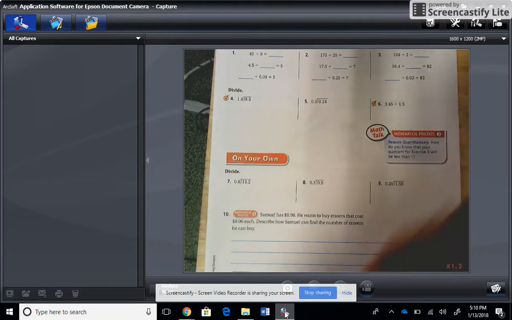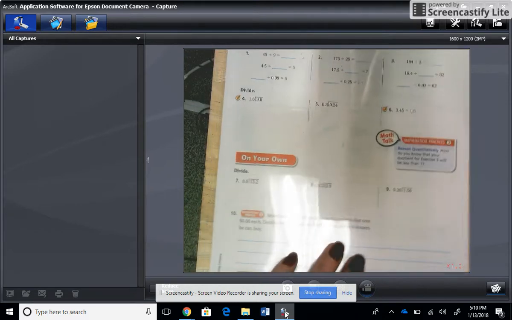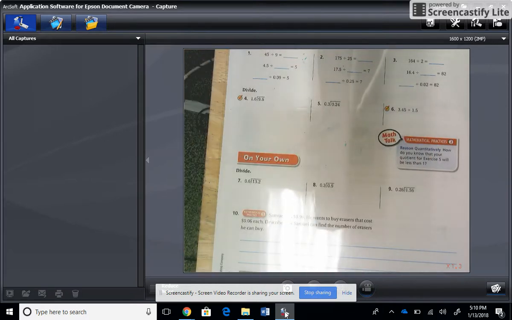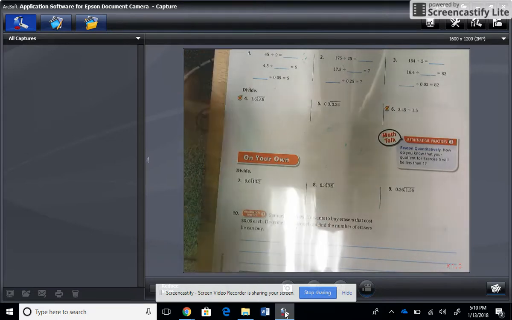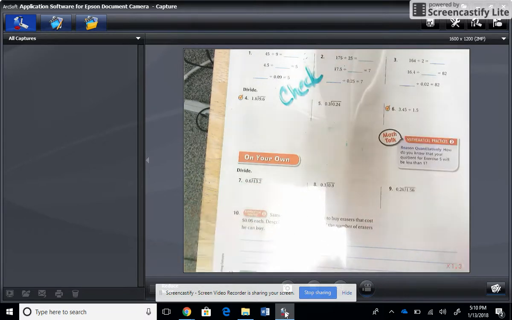Works every time. All right, so we're going to complete these problems. What I want you to do is complete these 3. Follow the steps of what it says so that you get used to dividing them. I want you to start dividing and check your answer.